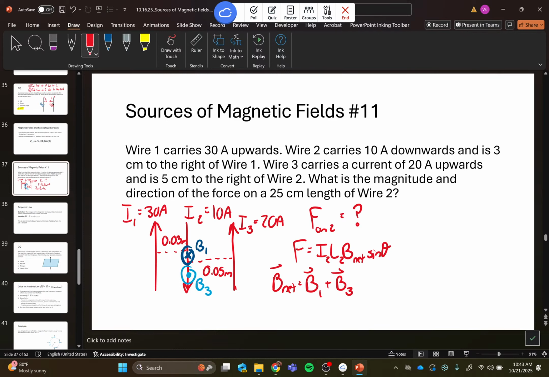The other way doesn't require as much visualization, but you don't get a full picture, which is fine. If you do the other way, which is thumb up and flat, my palm points outwards. So it's fairly precise. So if we just do this, wire 1 goes into the page, wire 3 goes out of the page.